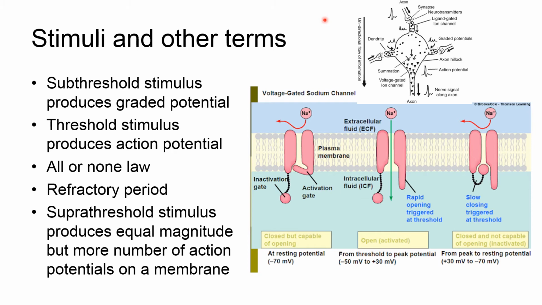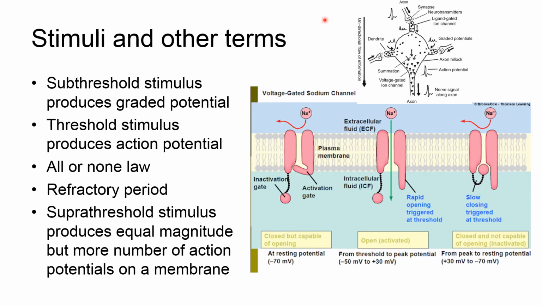So a stimulus that opens an insufficient number of sodium channels in dendrites cannot produce an action potential in the axon. This type of stimulus is weak. They are called subthreshold stimuli.